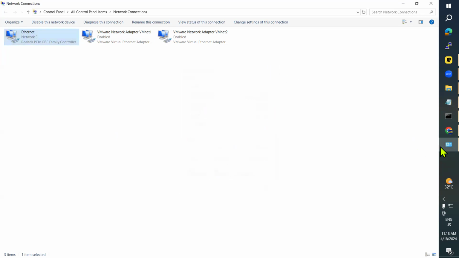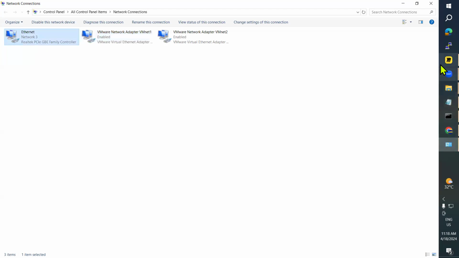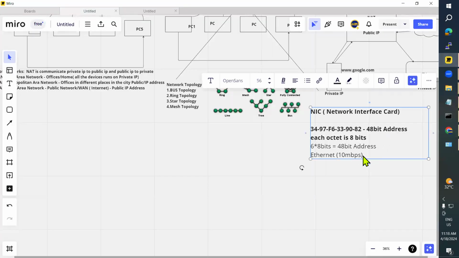But in the market, the different types of speeds: Ethernet speed is 10 Mbps, and fast Ethernet is 100 Mbps.